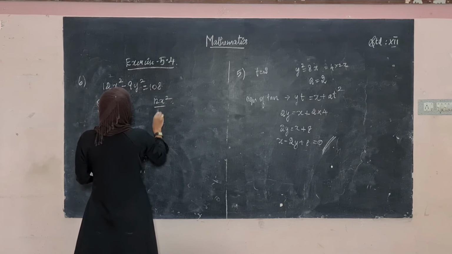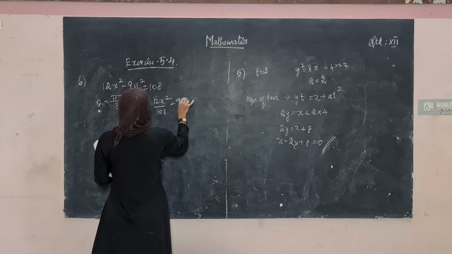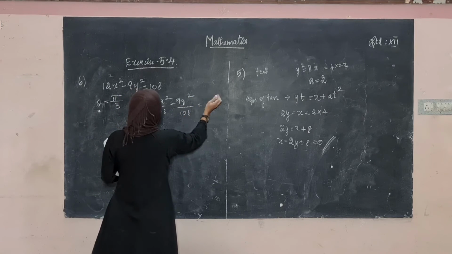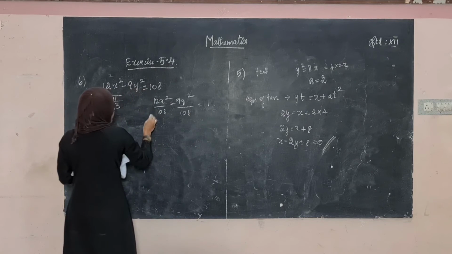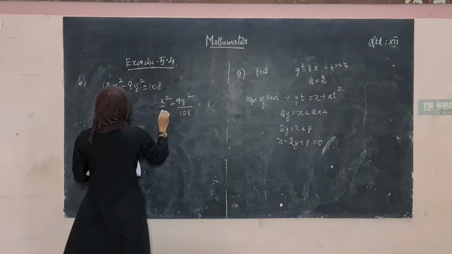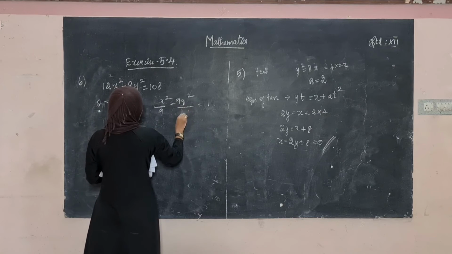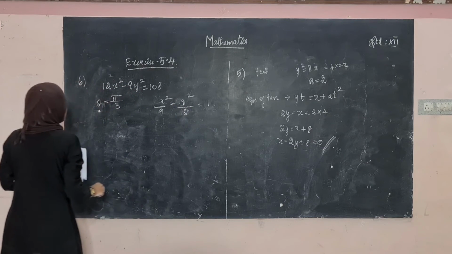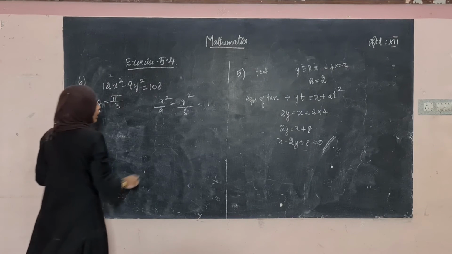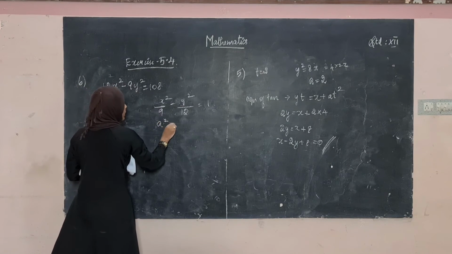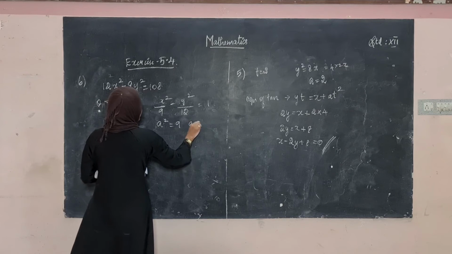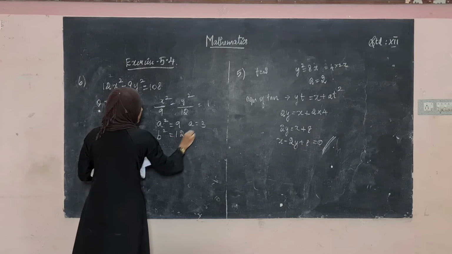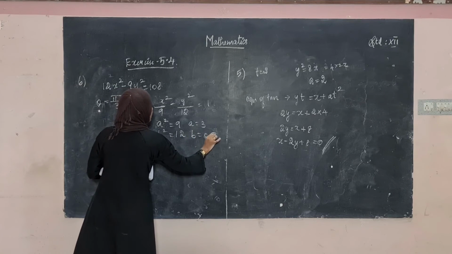x square divided by 9 minus y square divided by 12 is equal to 108 divided by 108, which is 1. From this, what do we get? A square's value is 9, so A's value is 3, and B square's value is 12, so B is equal to 2 root 3.